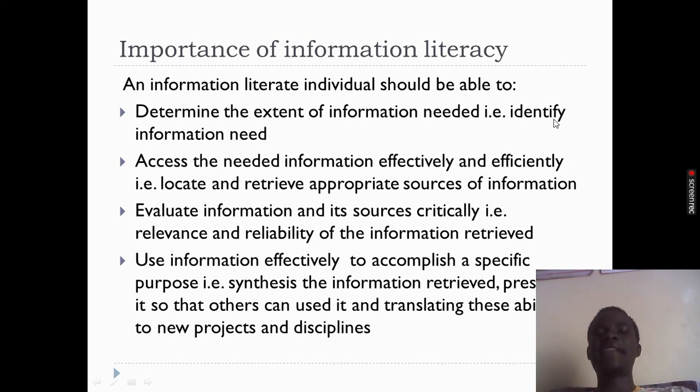Say you are writing a report on digital literacy. You get the information that is relevant to your topic, and you mold them together and you create a presentation on digital literacy. You get what I'm trying to say.